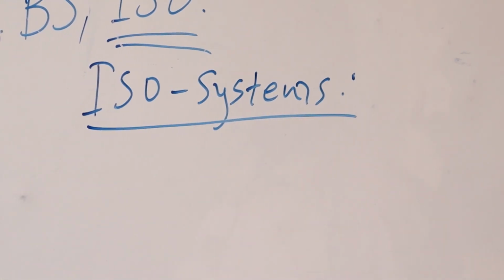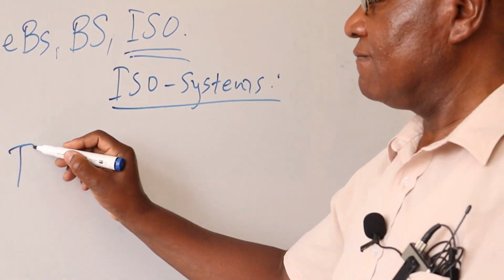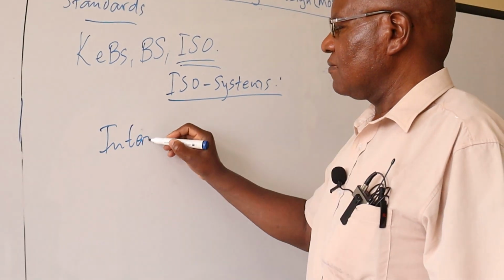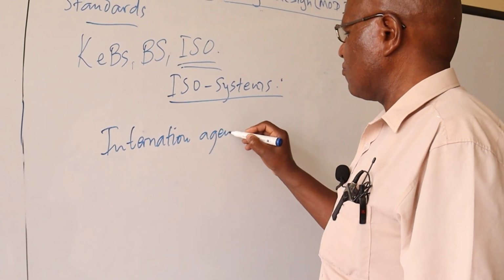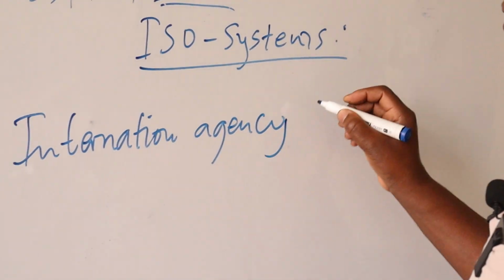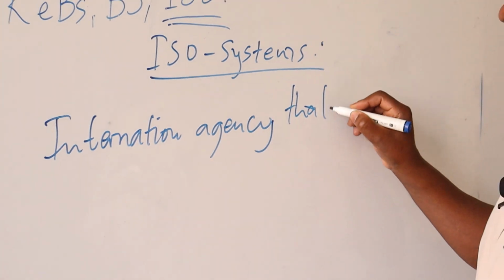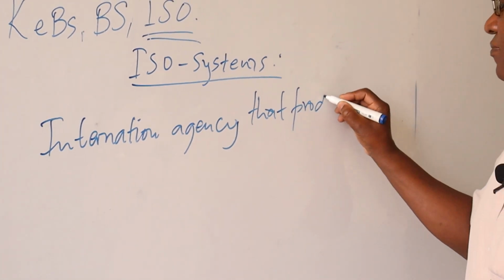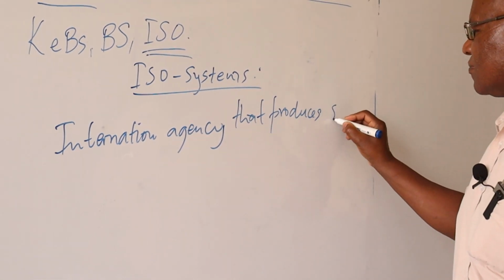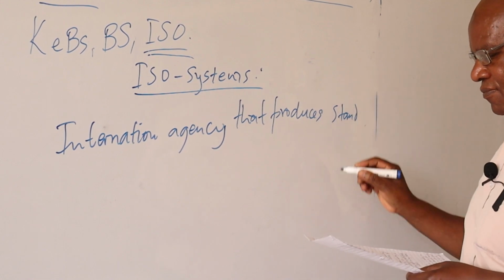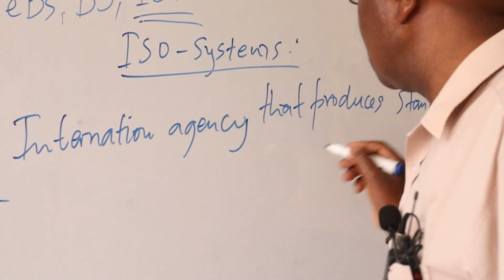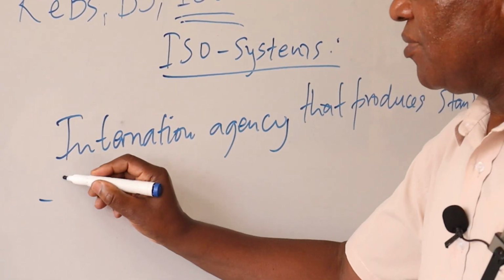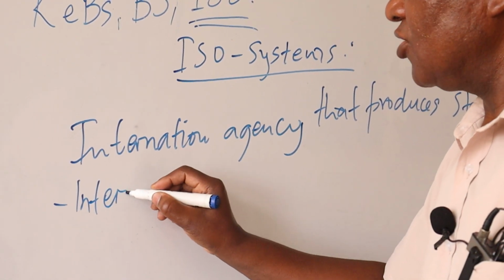Now, ISO is an international agency that produces standards, and of course the standards are meant to be international.